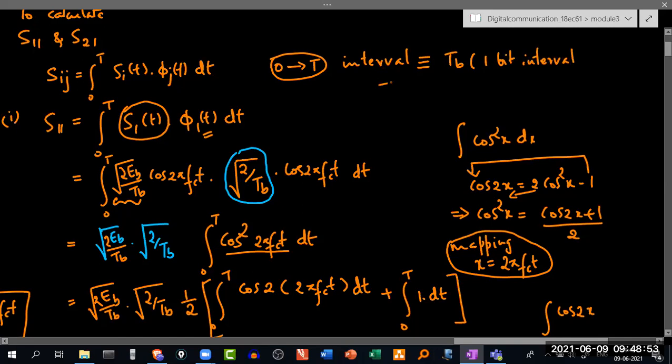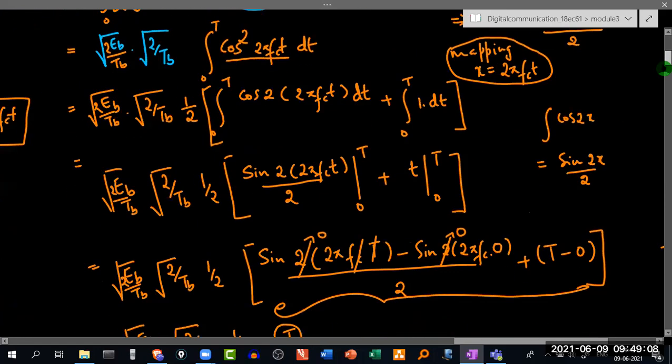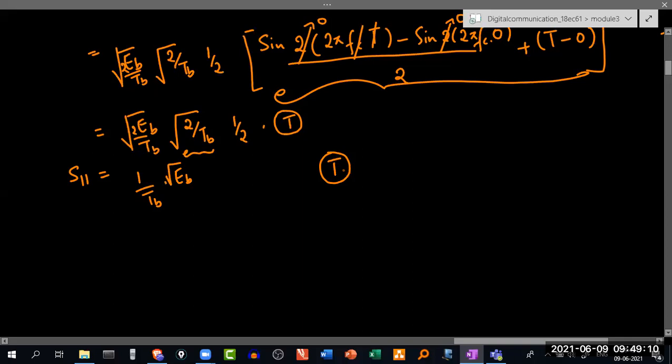So this T is as good as Tb. I could have initially started with Tb, but just to avoid confusion, I maintained it as just T. By now we know that this T and Tb are one and the same. And if I substitute Tb in place of T, again I can cancel out these two Tb's, and finally we'll be left with S11 equal to square root of Eb.